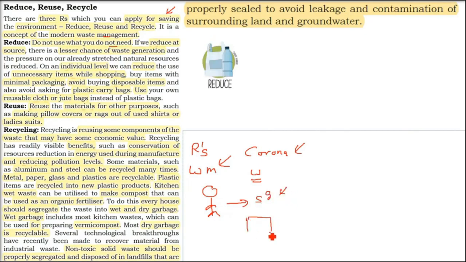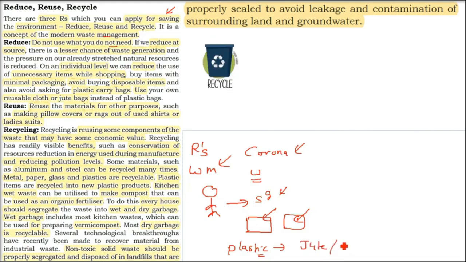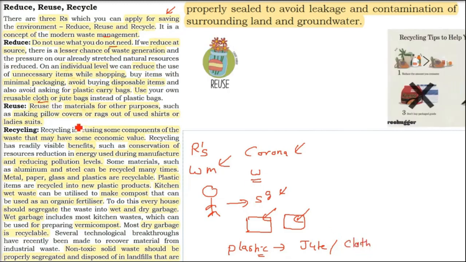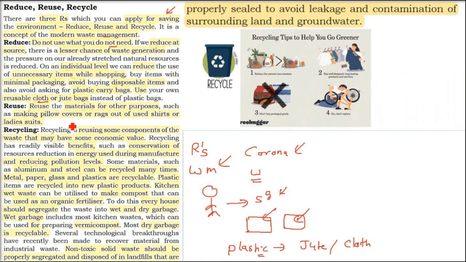You can avoid unnecessary shopping. Even if you do, choose the item with minimal packaging. Any disposable item, avoid it. Don't ever use plastic carry bags. You can use a cloth or a jute bag. It can be washed and you can use it again and again.